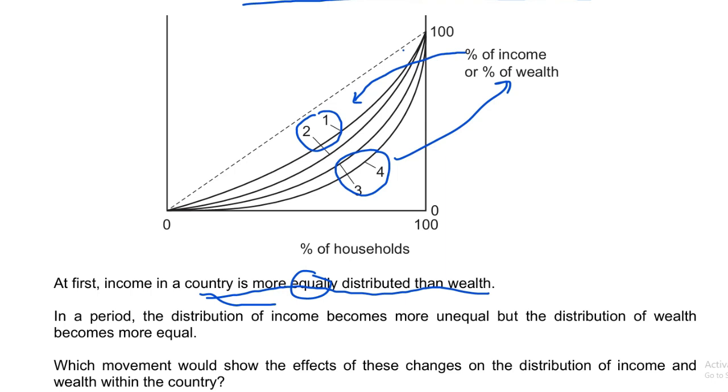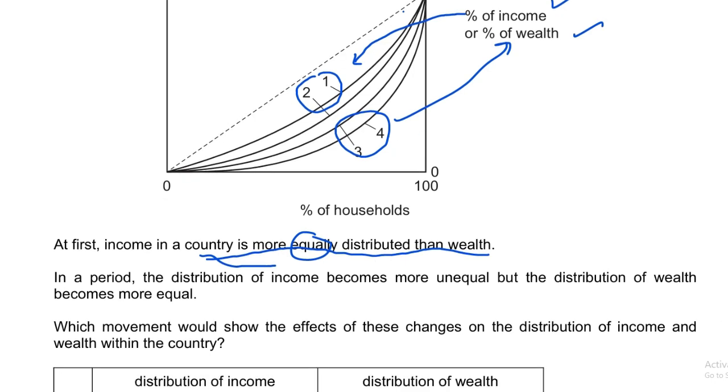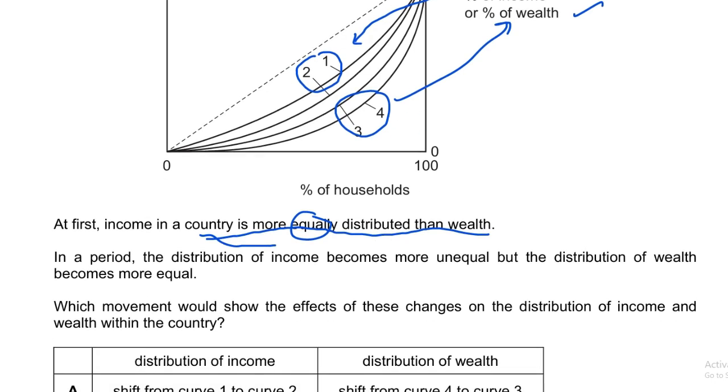Right, if we go away from the 45-degree line, it shows disparities, and disparities are initially lower in the case of income and more in the case of wealth. So 3 and 4 are for wealth and 1 and 2 are for income. Next, the examiner says in a period the distribution of income becomes more unequal, right?